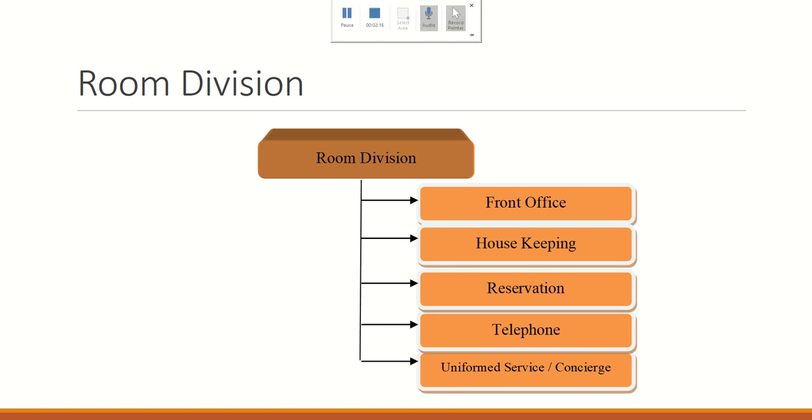Now, from the assignment that I asked you to do, individually or in pairs or with 3 people, there is a front office receptionist, right? A receptionist is a person who welcomes guests, checks in guests, checks out guests, and provides any other services during the stay in the hotel.